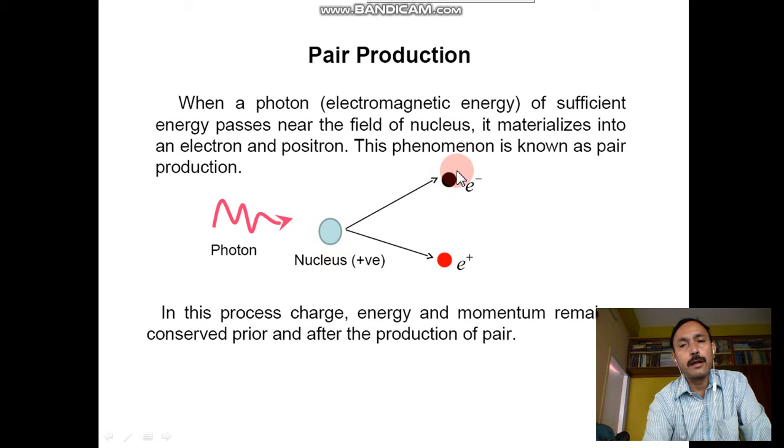Then it materializes into an electron and positron. This phenomenon is known as pair production. In this process, charge, energy and momentum remain constant before and after the pair production.